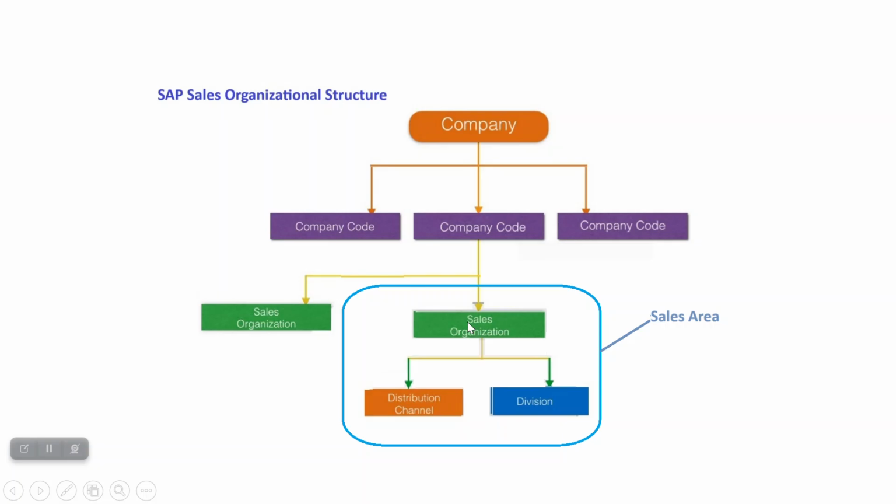Sales organization. This unit is responsible for selling products and services. This level is commonly used to restrict access. Users from one sales organization shouldn't maintain data that belongs to another sales organization.